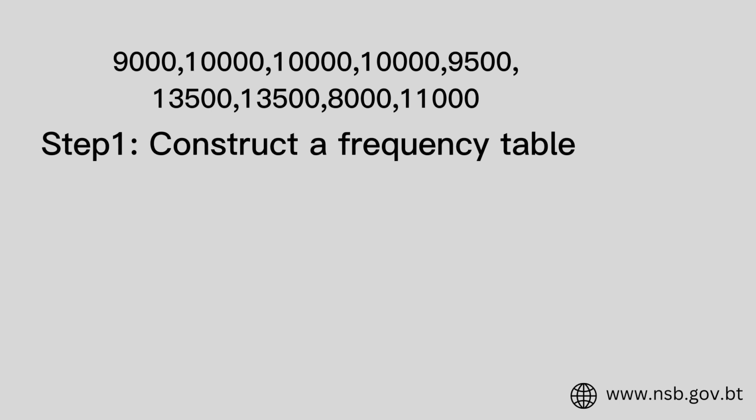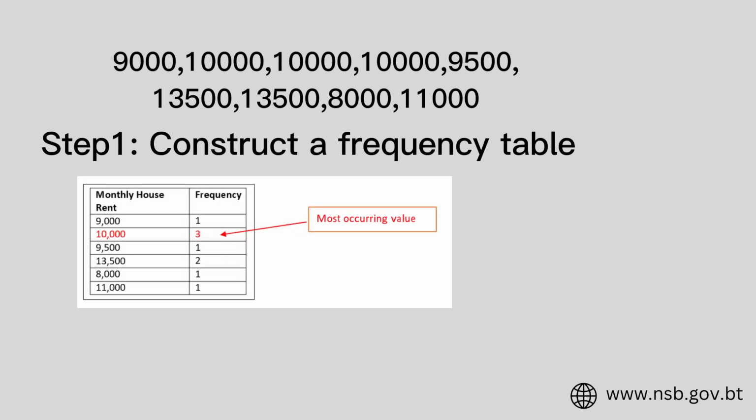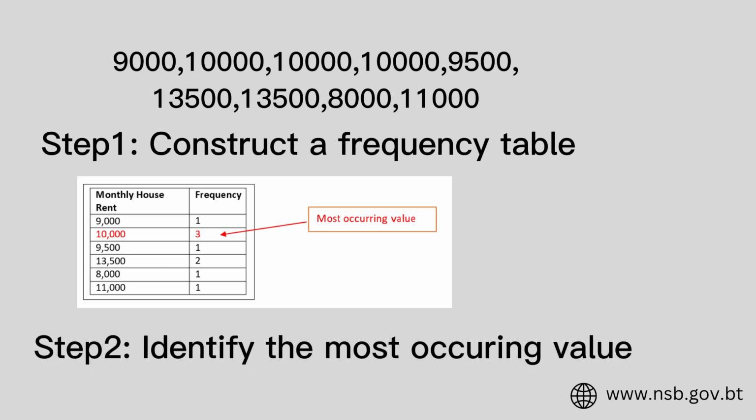Step 1. Construct a simple frequency table as shown in the figure. Step 2. Identify the most occurring value. The most commonly occurring value is 10,000. Therefore, the mode of monthly house rent is Nultrum 10,000.